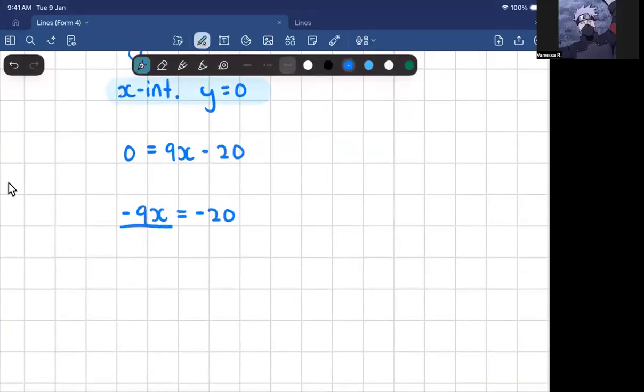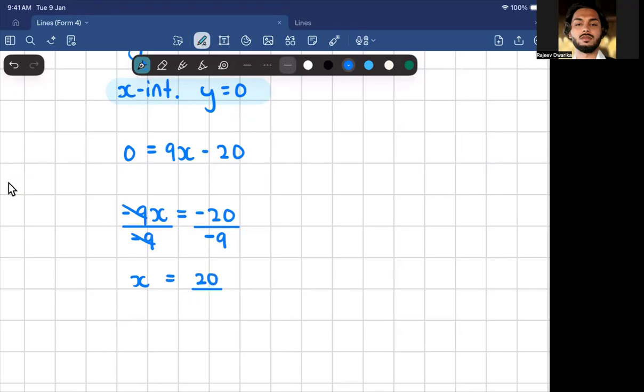Divide by -9 on both sides. The -9 and the -9 would cancel off, and then we have -20 over -9. What's a negative divided by a negative? A positive. So that's 20 over 9. Could we reduce that fraction?